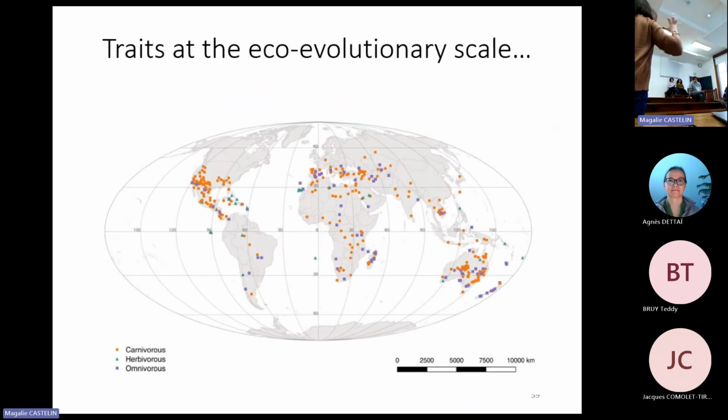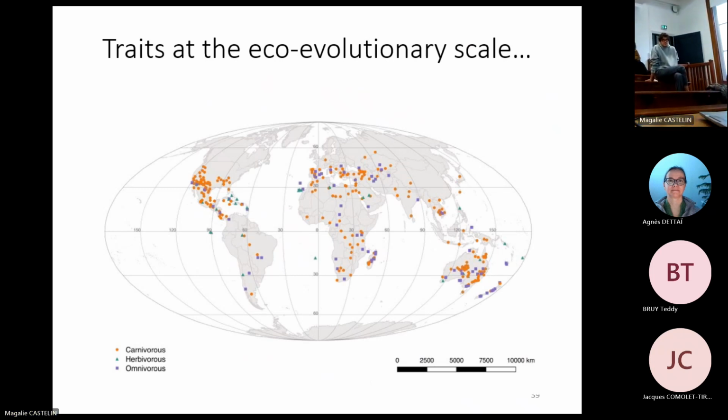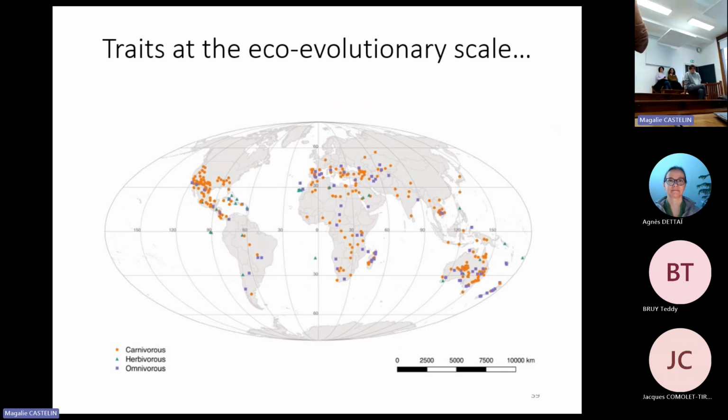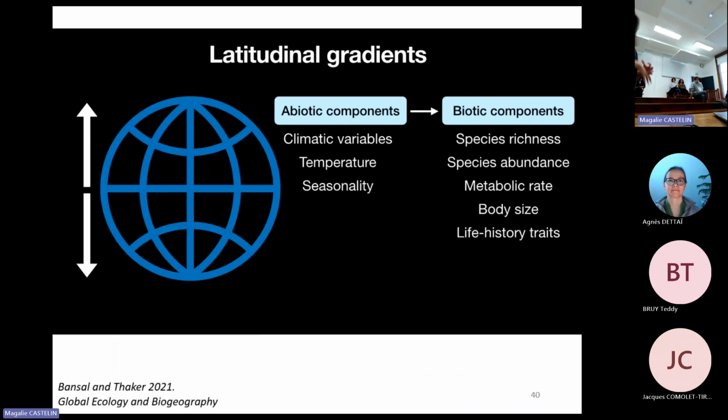And this time I'm going to take a much broader scale, an eco-evolutionary scale, and think about lizards all over. I'm not just talking about Psammophilus in the Western Ghats. And I want to remind us all about some broad patterns that we see, and one is latitudinal gradient.